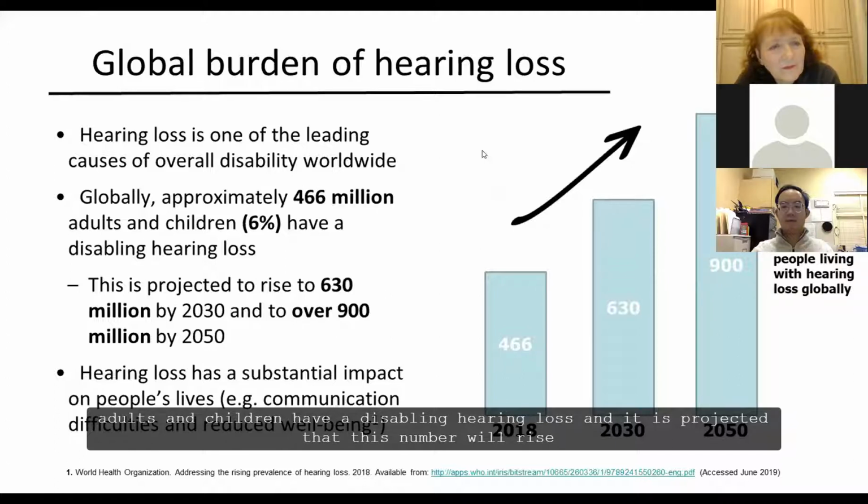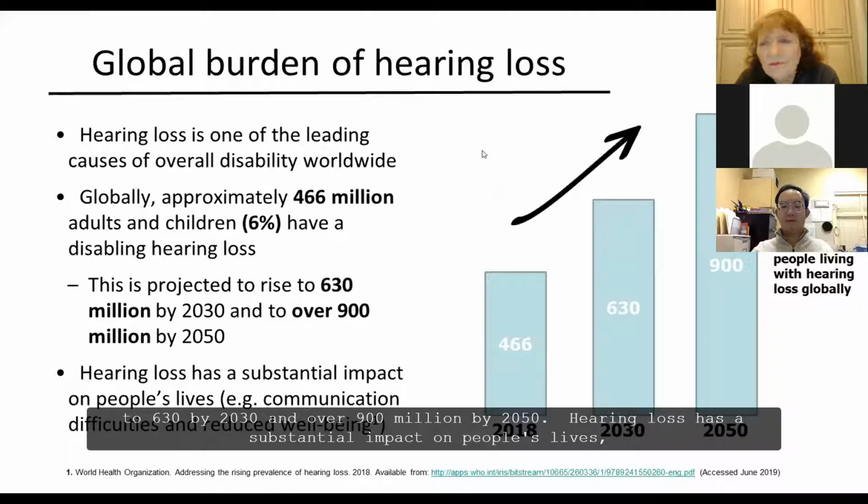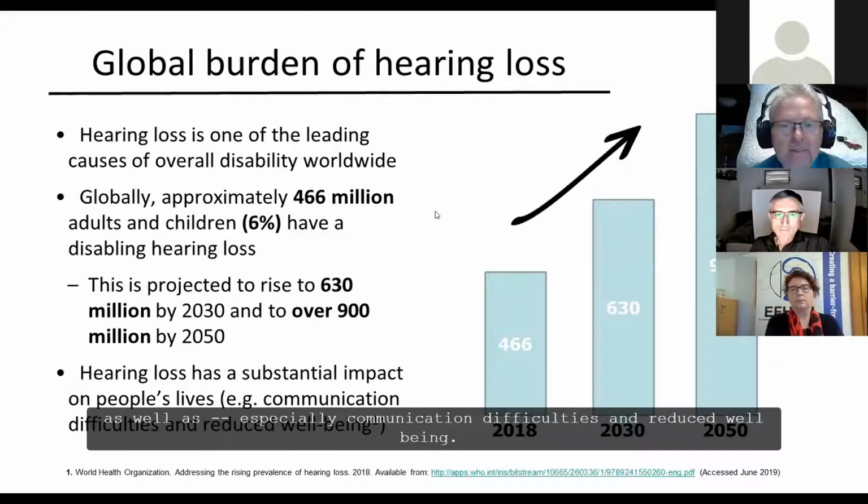And it's projected that this number will rise to 630 million by 2030 and over 900 million by 2050. And hearing loss has a substantial impact on people's lives, especially communication difficulties and reduced well-being.